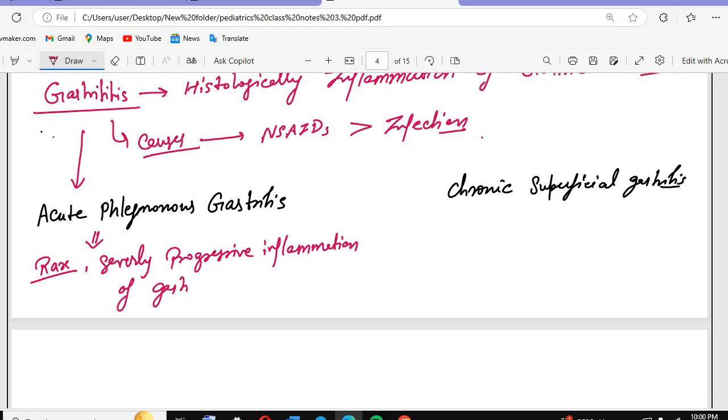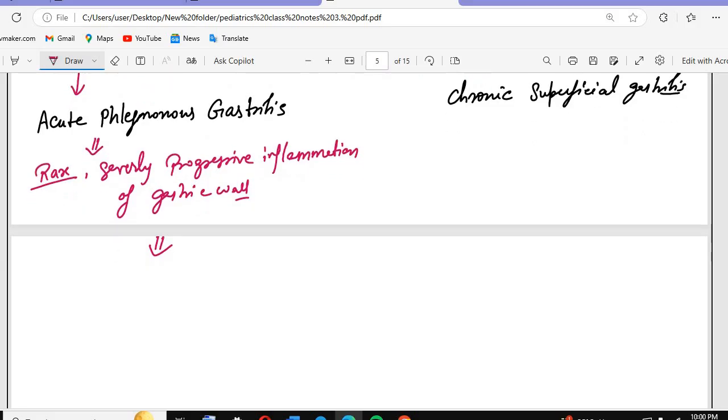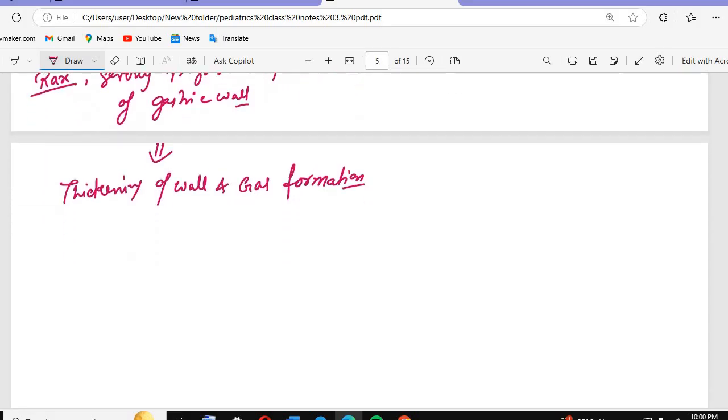Due to this, you are going to see thickening of the mucosal wall and gas formation. And this is seen in immunocompromised people.